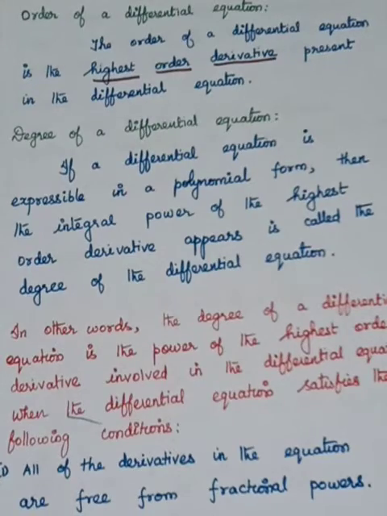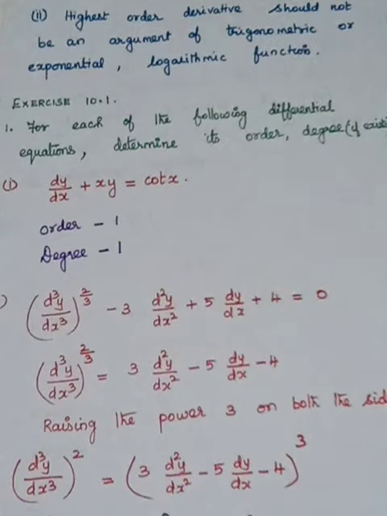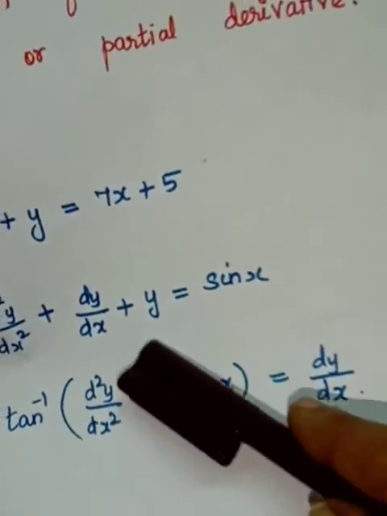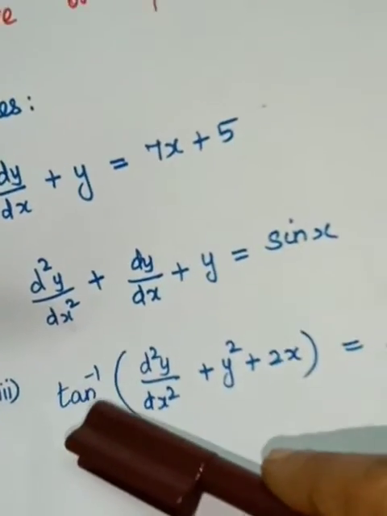The second condition: the highest order derivative or any derivative should not be the argument of a trigonometric, exponential or logarithmic function. Here you see the derivative d squared y by dx squared is written as the argument of the trigonometric function tan inverse.